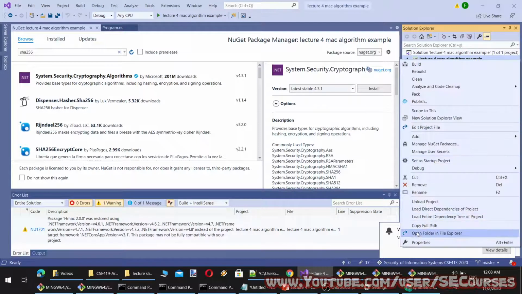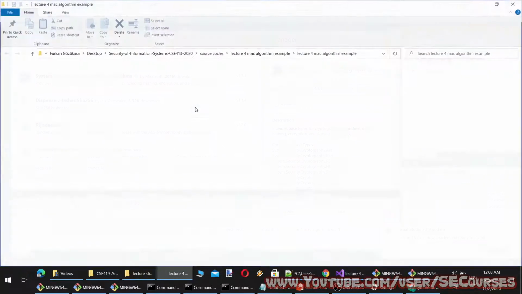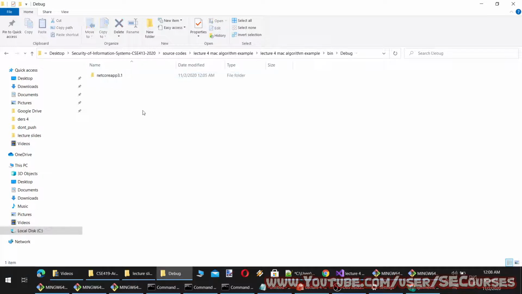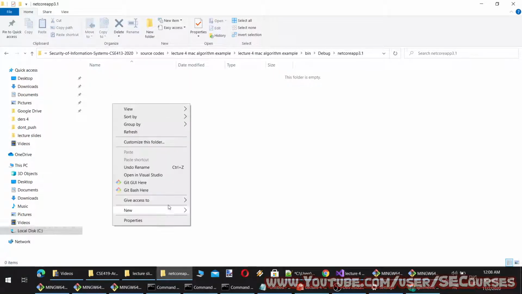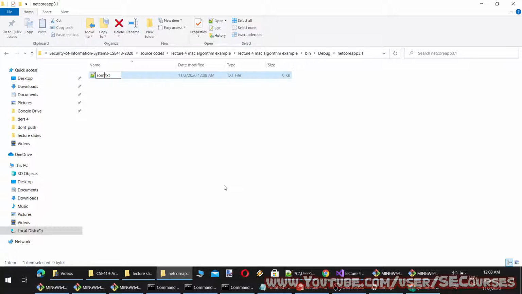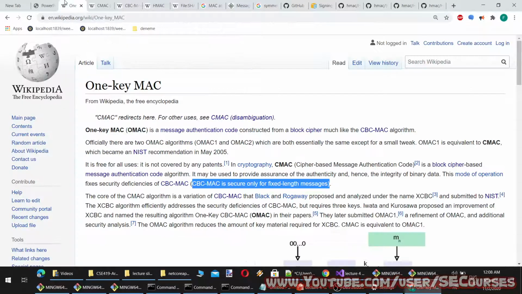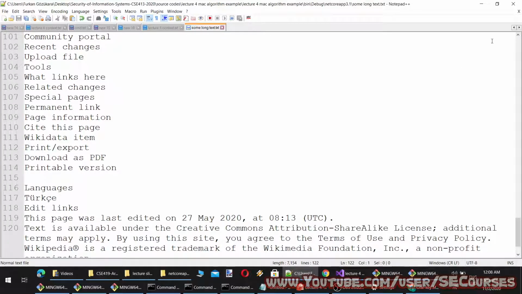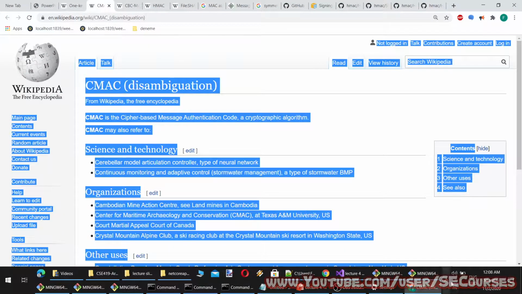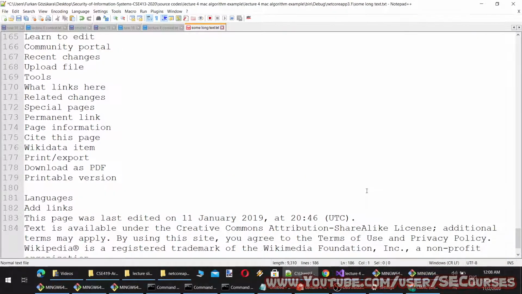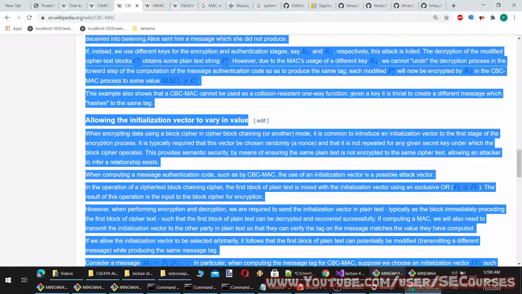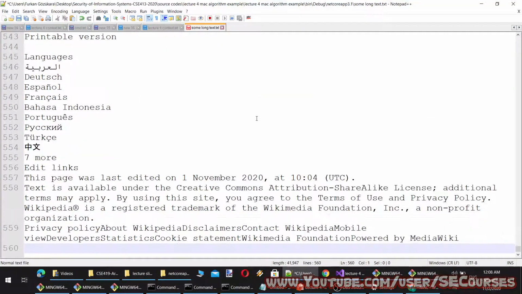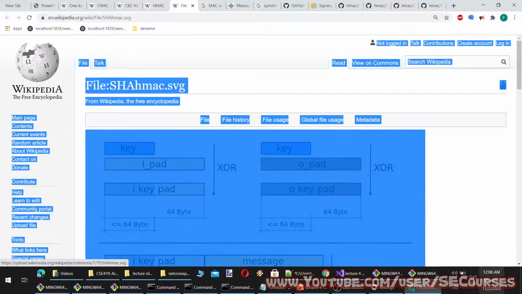Let's open the debug folder so it will be easier. I'm going to say some long text, and let's copy and paste the content here, and here too, and here too.